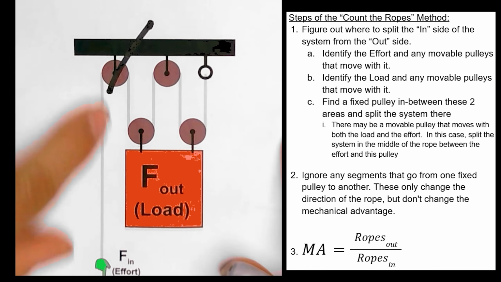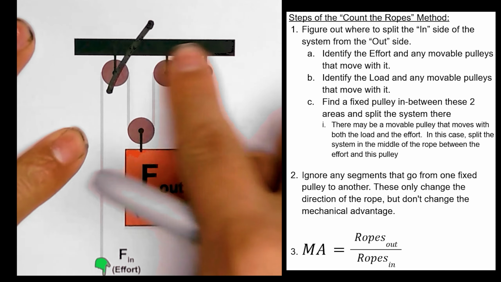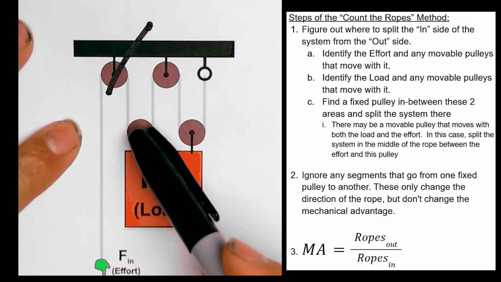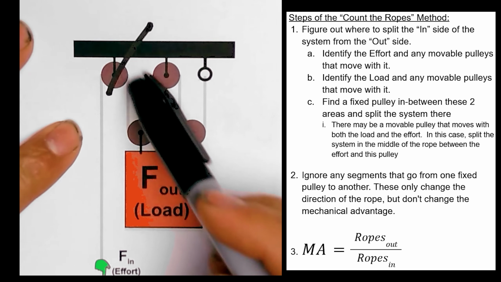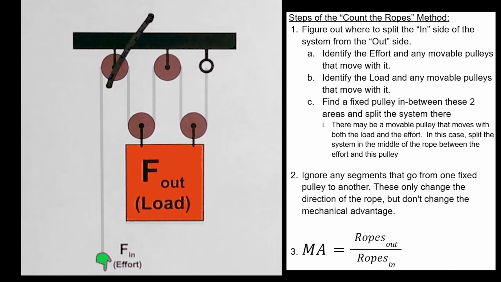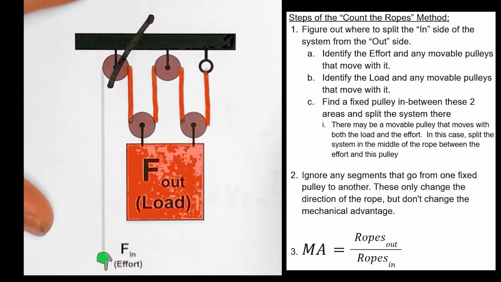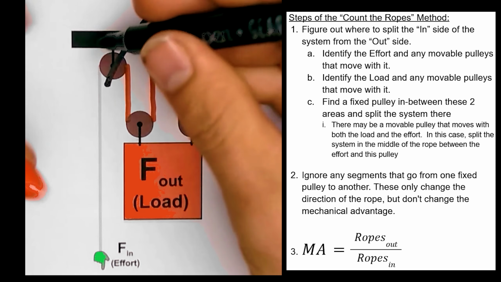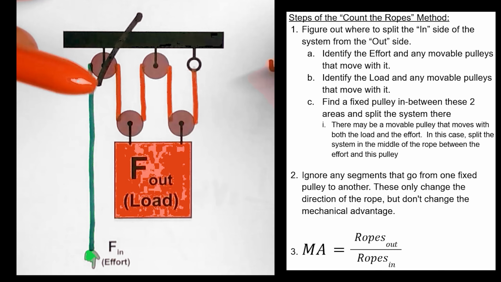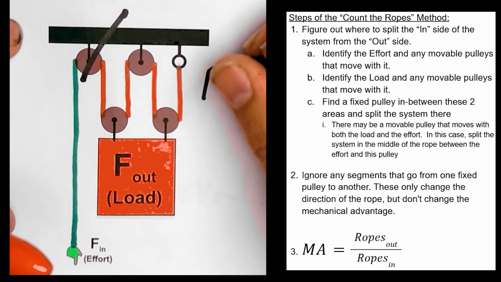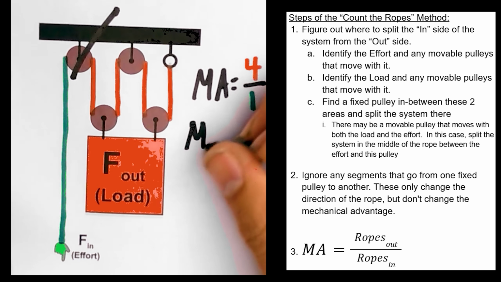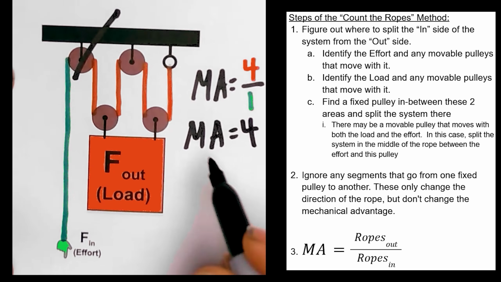So we've got the effort side, then all this is load side because this pulley is attached to the load, this is leading to that. Anyway, this is all load side. So same deal as before. Got 1, 2, 3, 4 of these guys. Just one of these. And we go boop. MA equals 4.